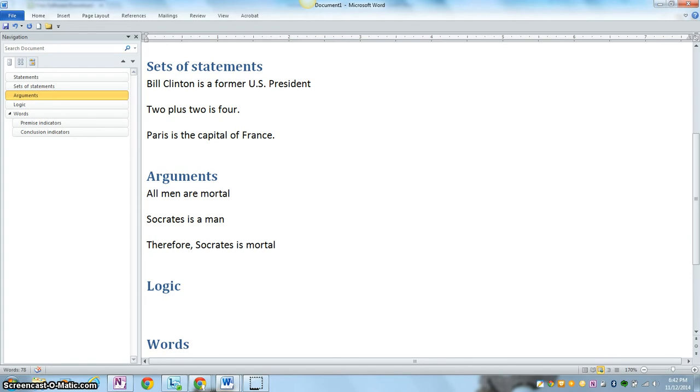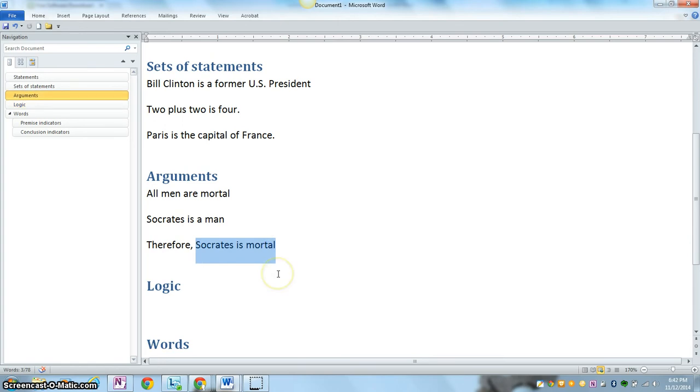I think you can see that this set of statements is different from the other set. In the other set, there wasn't really any particular connection between the statements, but here you have a different situation. You have two statements here that taken together support the third statement. They give you a reason for believing the third statement.